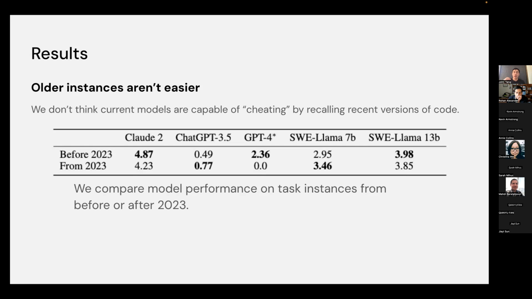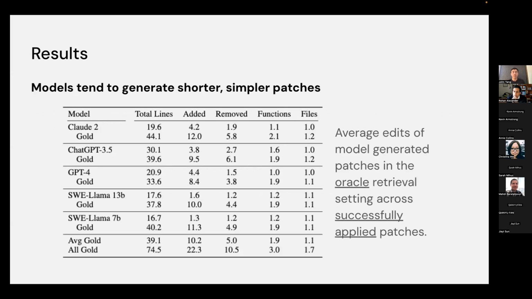And given that a lot of these instances come from different versions of the code base, simply memoizing is generally not a good strategy for solving SWE-bench at all either. Also, as the title suggests, we don't find that older tasks or more recent tasks are easier at all. We compare performance by looking at tasks before and after 2023, and we see that the splits are fairly random, and there's not a significant difference in the percentage solved.